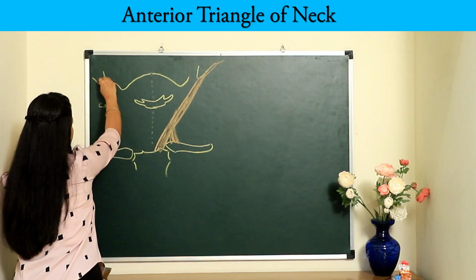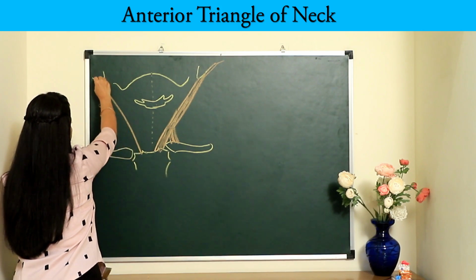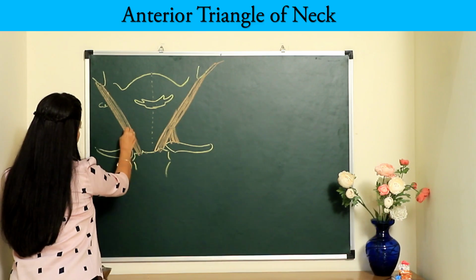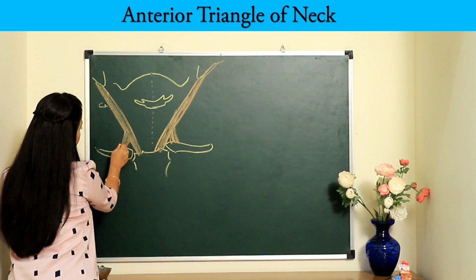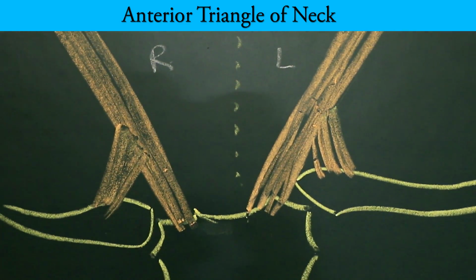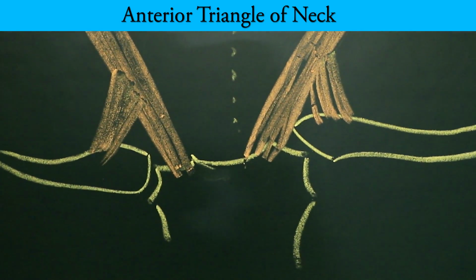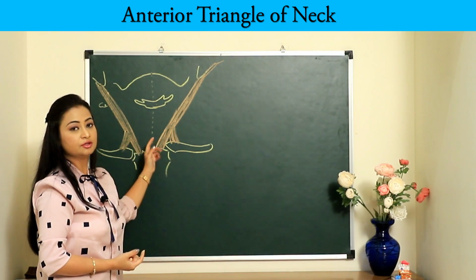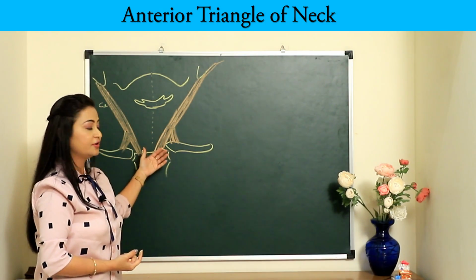Similarly, I will be drawing the sternocleidomastoid muscle of the right side. The clavicular head, the sternal head, and this basically defines our anterior triangle, which is the area lying in between the anterior borders of the two sternocleidomastoid muscles, right?